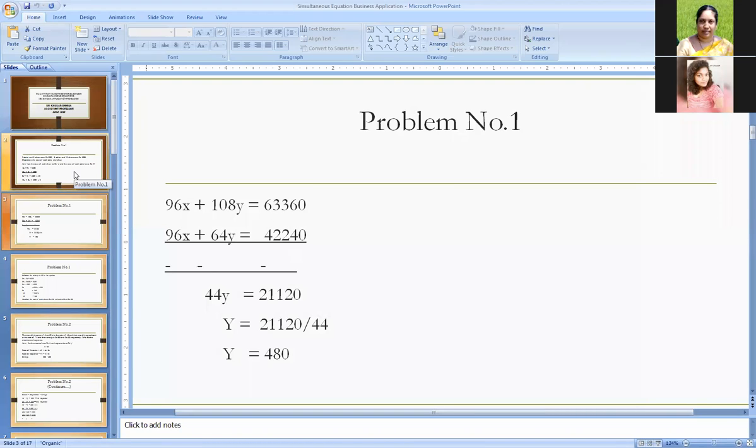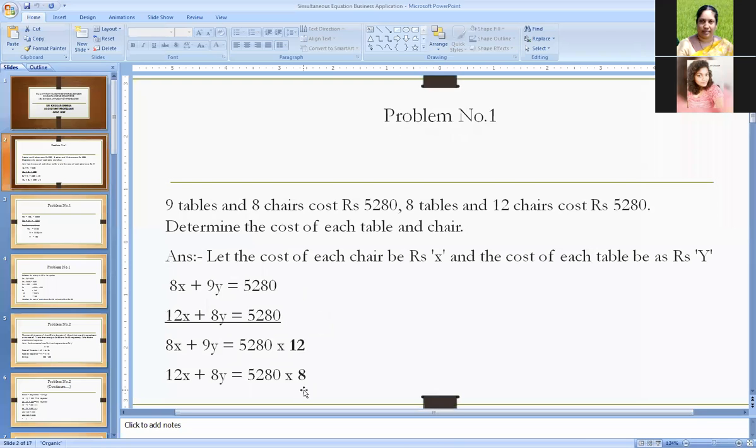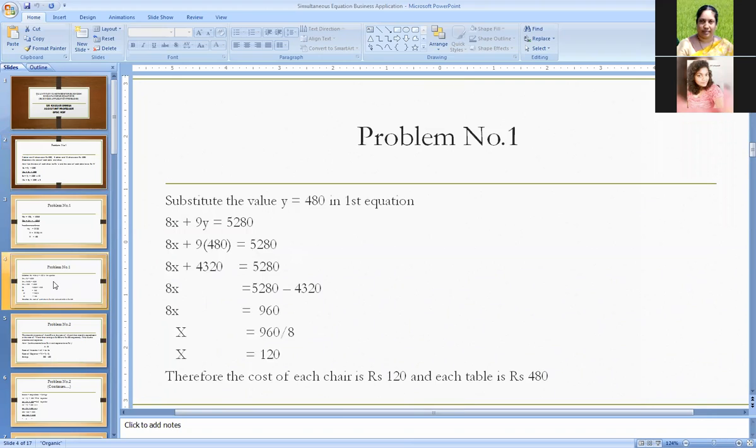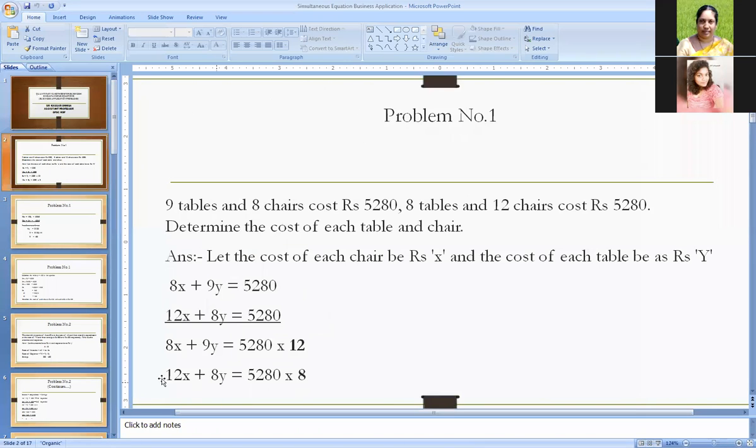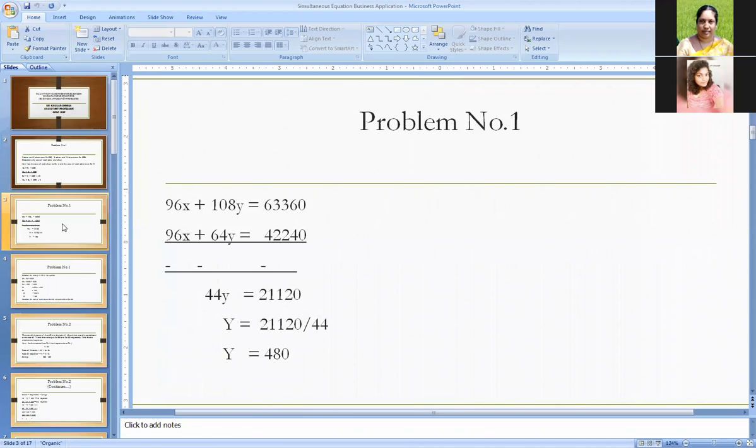Similarly, we should go for calculating the value for the second equation, that is 8 into 12x, the value becomes 96x. Again, because as this equation contains plus sign, so the entire values will become plus. And again here 8 into 8y, it becomes 64y, and 8 into 5280, the value is 42,240.